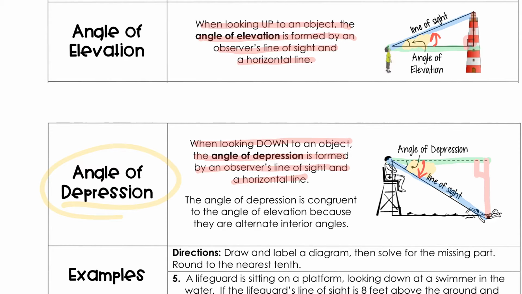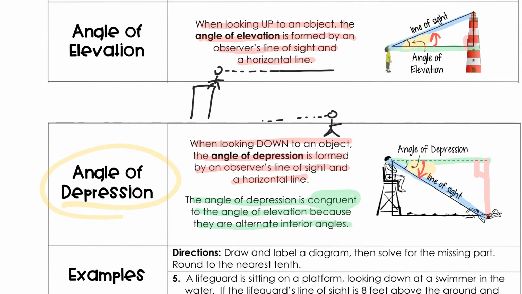Now, one other note here. The angle of depression is congruent, remember what congruent means, to the angle of elevation because they are alternate interior angles. Now, what are we talking about? Let's say that I am standing up on top of a building, and I have my line of sight, and I look down at one of you students on the street.